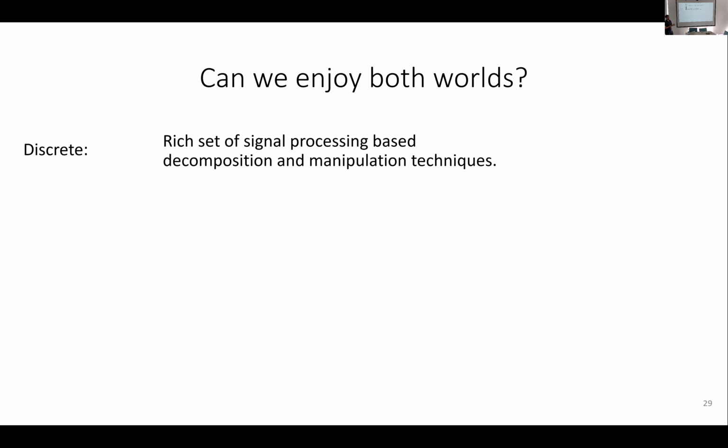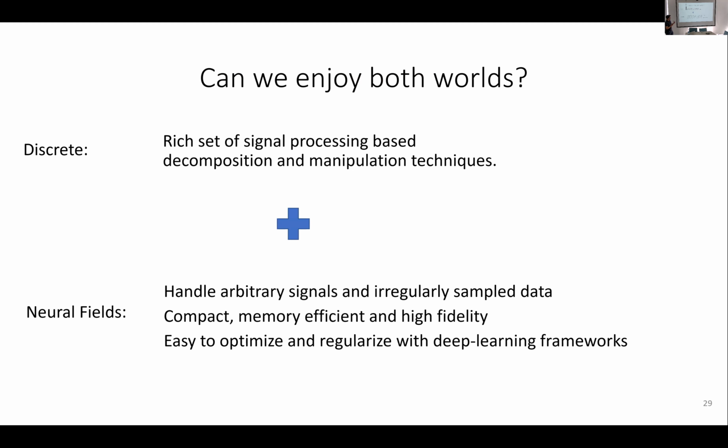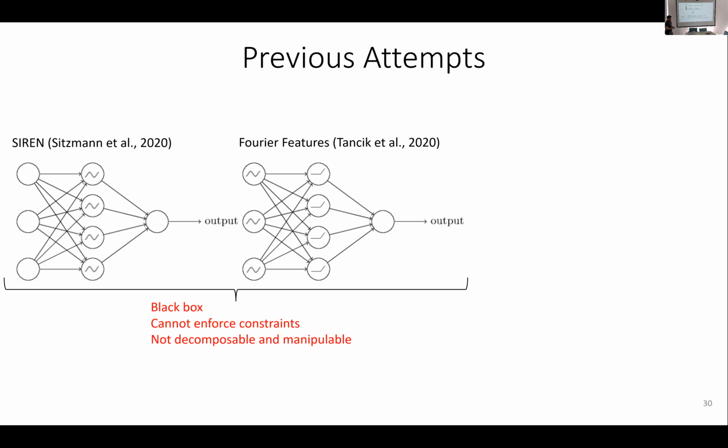So the question is, can we enjoy both worlds? On one hand, we want the advantages of discrete representations that allow us the ability to decompose and manipulate signals. But on the other hand, the advantages of neural fields. Previous approaches, you might be familiar with the approaches of Siren or Fourier features. They are only able to approximately control properties such as frequency, but they're inherently black box.